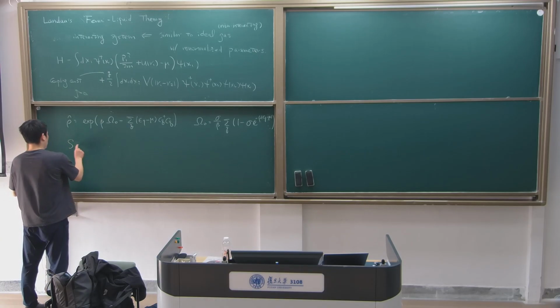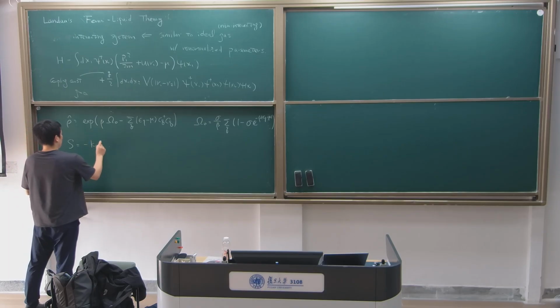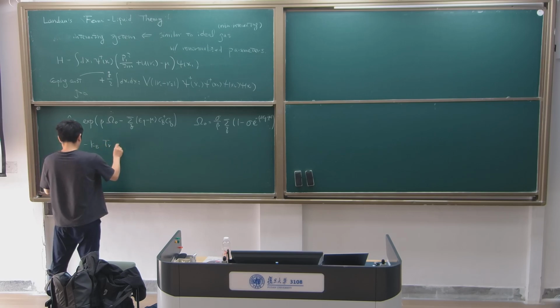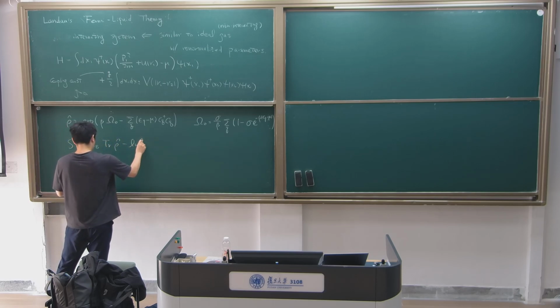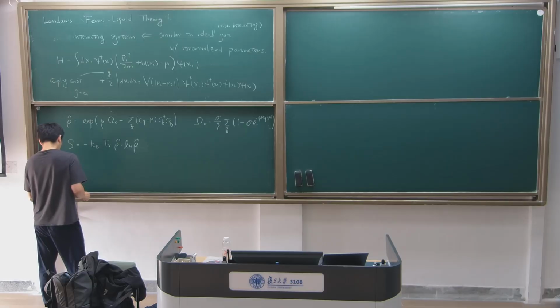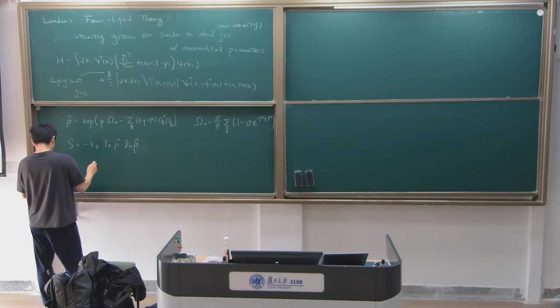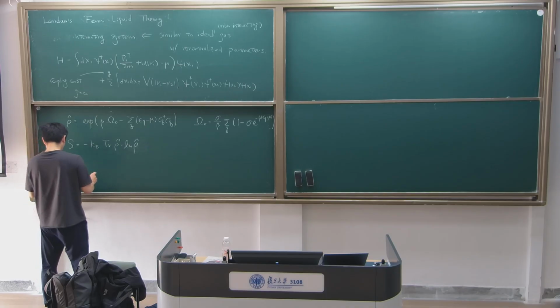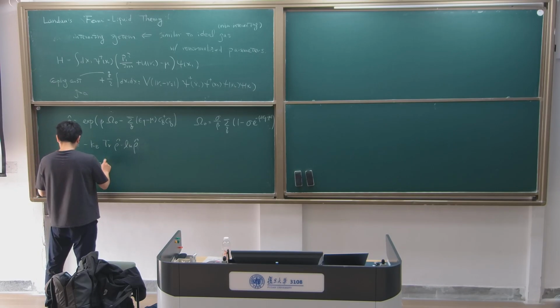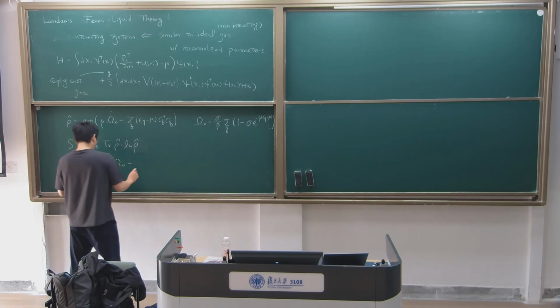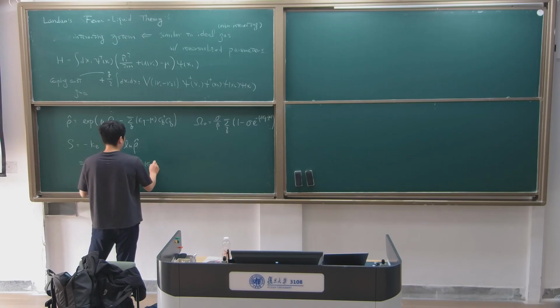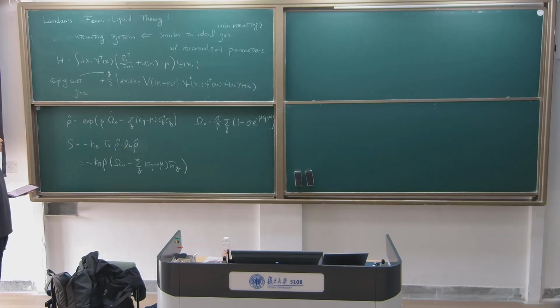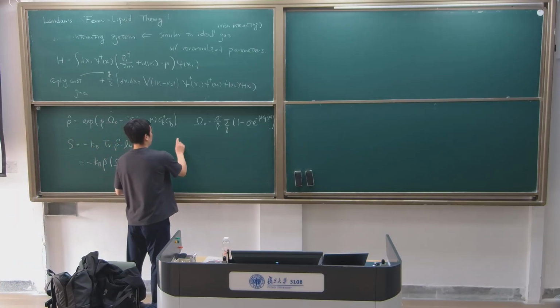And the entropy is given by minus k_B trace of rho log rho. Plug rho into here, and what you get is the following.